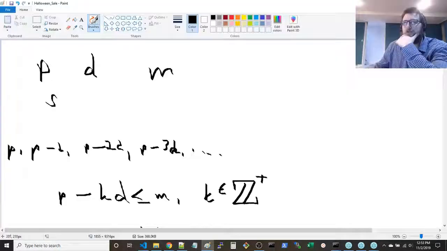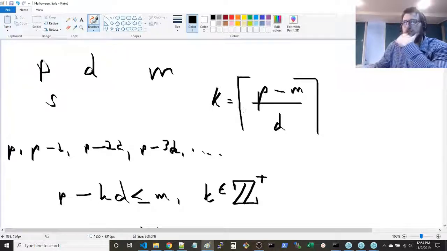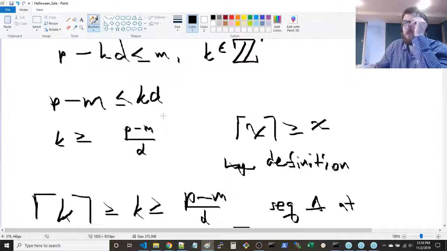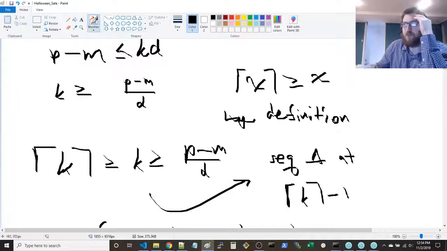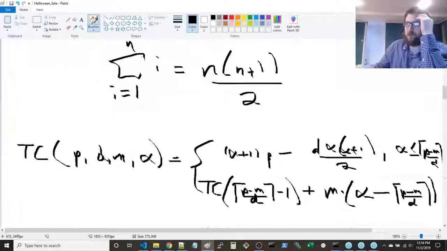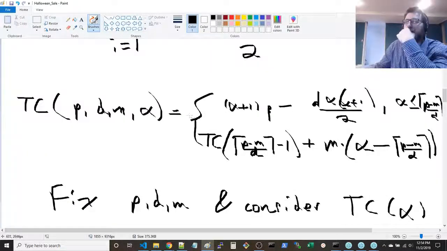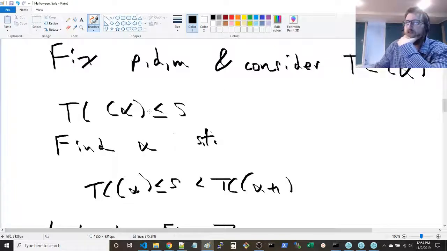Cool. We say we've got P, D, M, and S. Then we can define this K to be the ceiling of P minus M over D. And then we can end up with a piecewise function for the summation, which we want to consider.